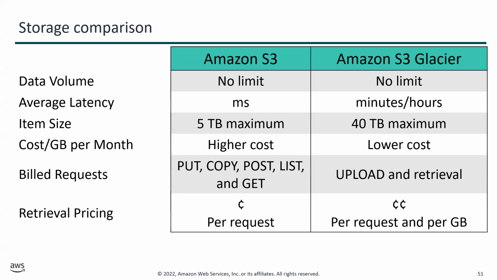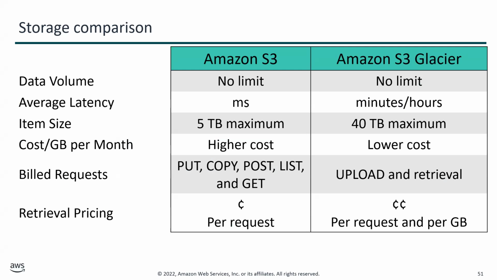Storage comparison. You can see data volume for S3 and Glacier: we have no limit. Latency is milliseconds for standard S3, but minutes and hours for S3 Glacier. We can do expedited, within minutes we can bring it, but still.